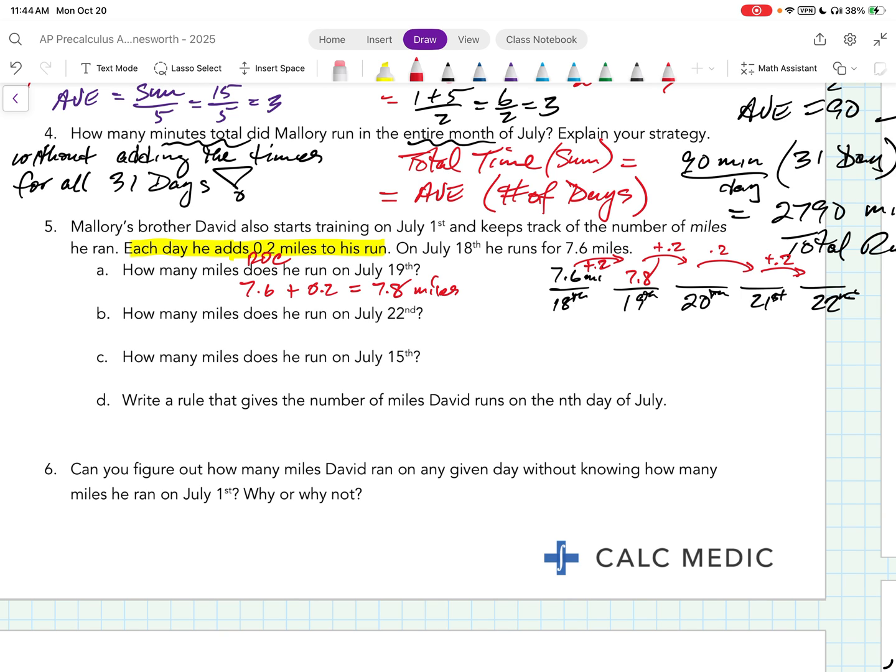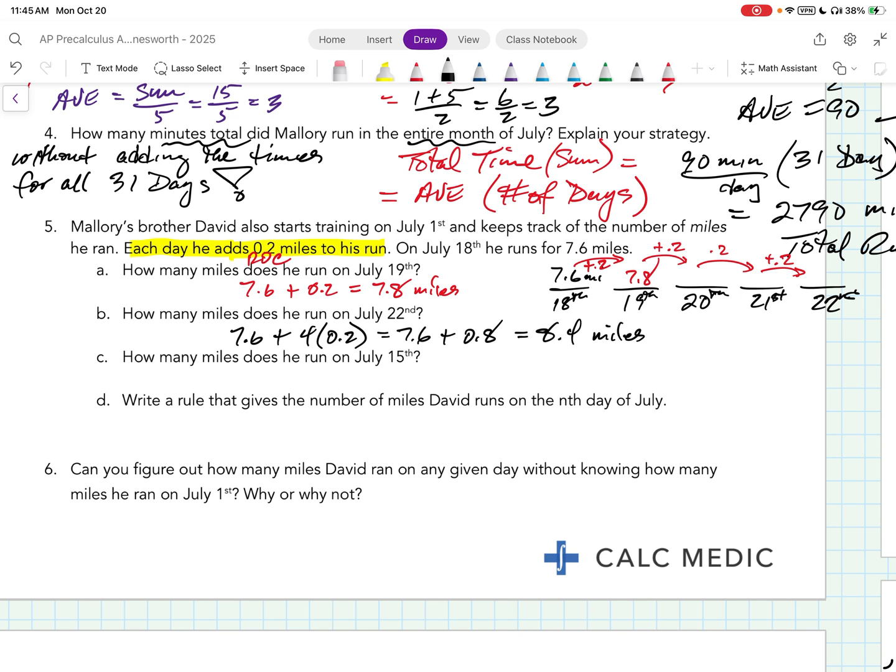We start on the 18th at 7.6 miles plus 4 times 2/10, so 7.6 plus 0.8, and that gives you about 8.4 miles.